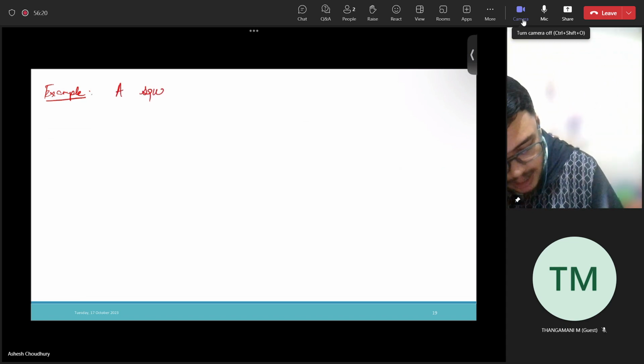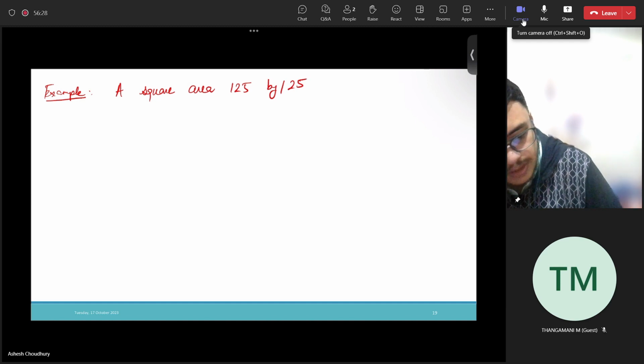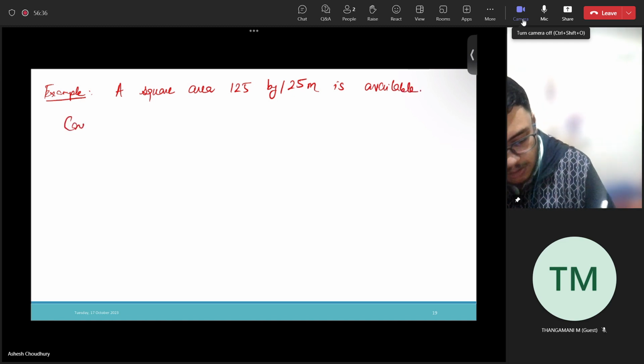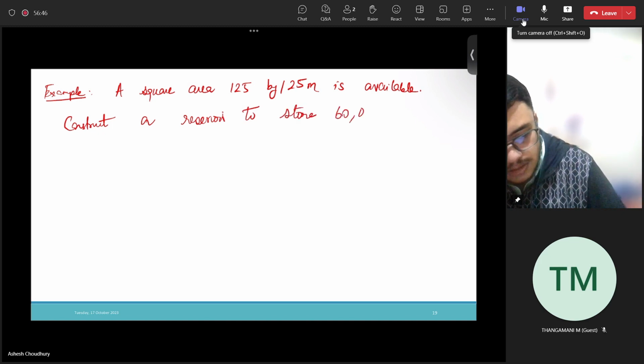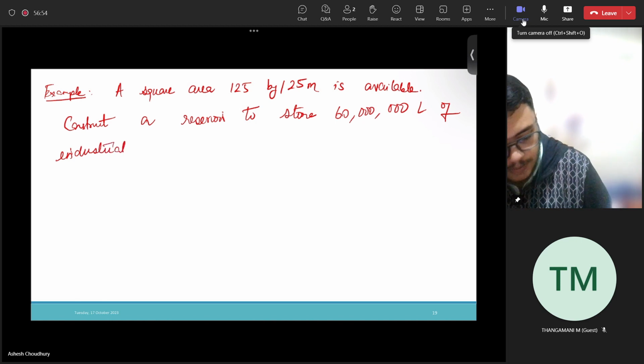A square area 125 by 125 meter is available. Construct a reservoir to store a liter of industrial process water.